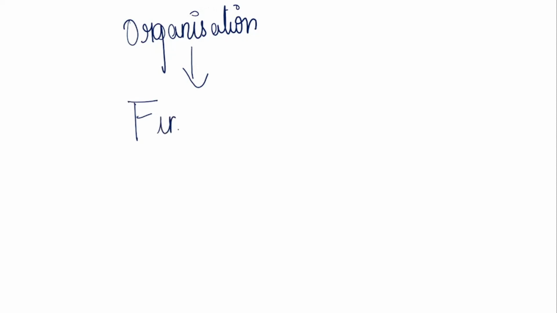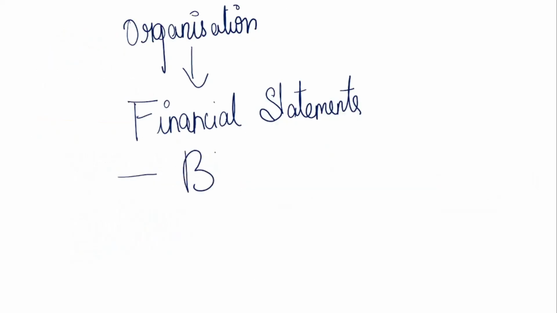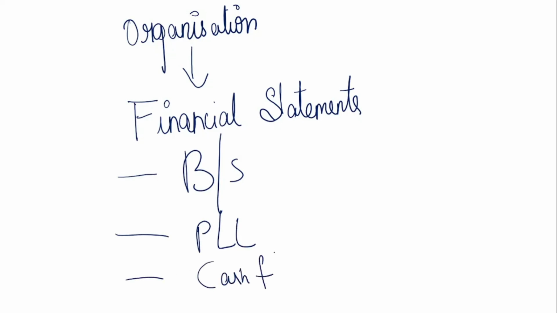Now, in an organization, you will be preparing certain financial statements. The financial statements, as I have told, may include balance sheet, P&L account, and other statements, cash flow statements, everything we are maintaining.